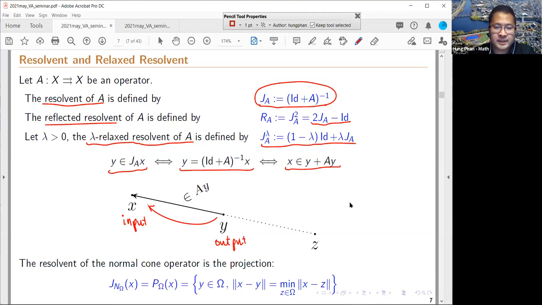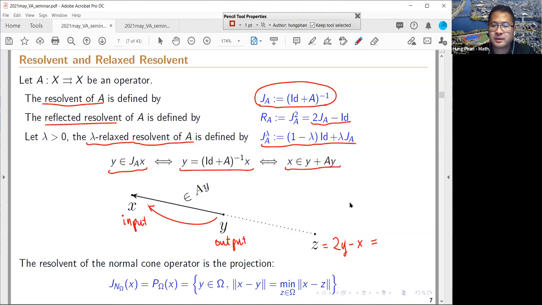So y is the output, and z here is the reflection image of x about y, which you can write as 2y minus x.